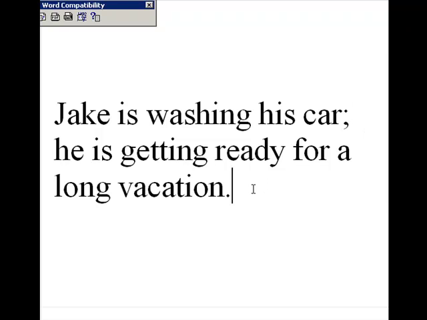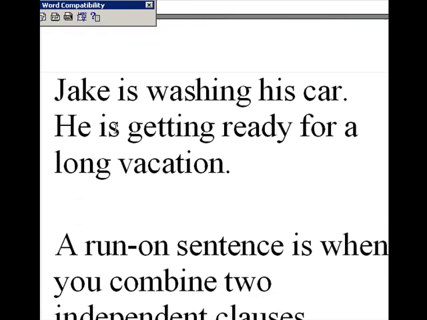Now, here's a tip for you. A lot of people misunderstand the semicolon. The semicolon, its purpose, pay attention, its purpose is to join together 2 closely related independent clauses. All right, let's move on. Here's another one. This is another revision. Jake is washing his car. You could put the period here. Then you can say he's getting ready for a long vacation.